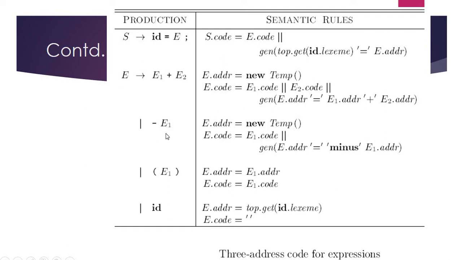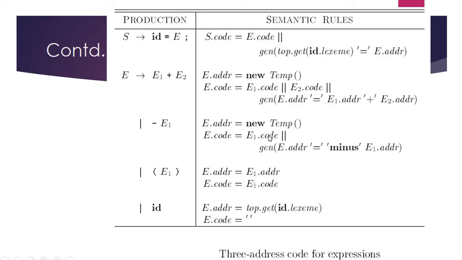Then E produces minus E1. So for this, a new temporary variable we need to generate by using the new temp function, and that will be stored in E.address. So E.address is the parent attribute. Here we need to find out what the 3 address code for E1 is.